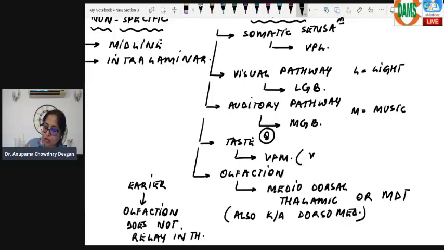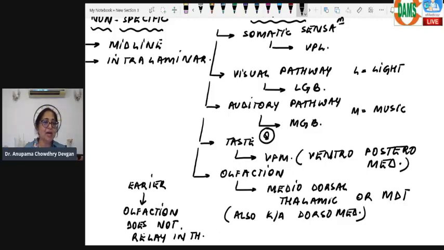For taste, ventroposteromedial. LGB is lateral geniculate body. MGB is medial geniculate body. VPL is ventroposterolateral. So earlier we thought olfaction does not relay in the thalamus. That is older knowledge and older questions.